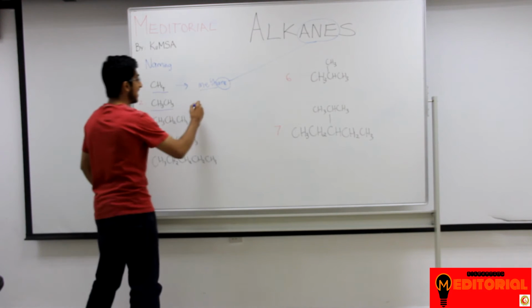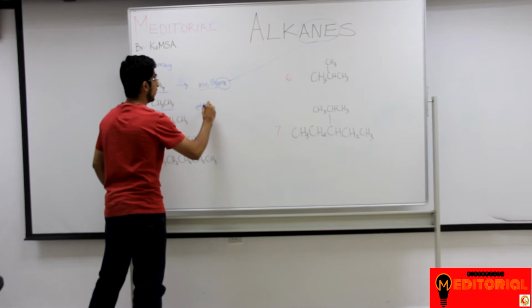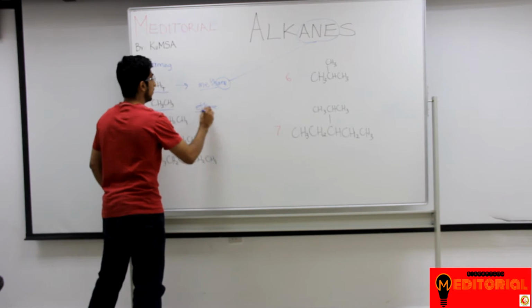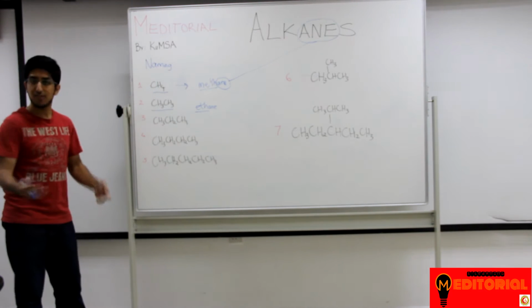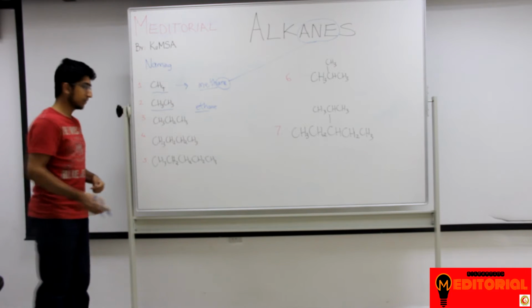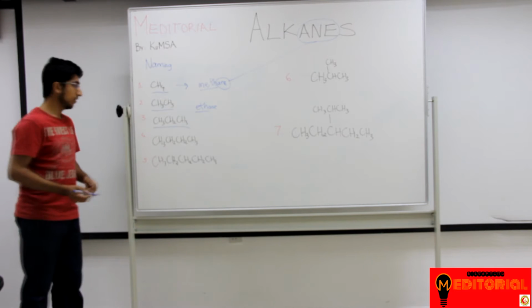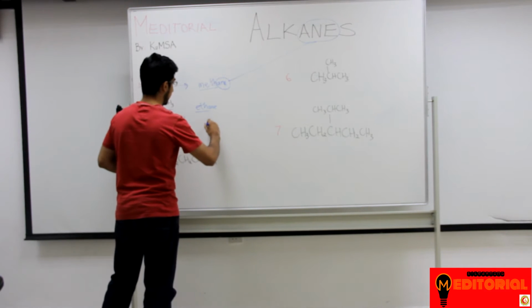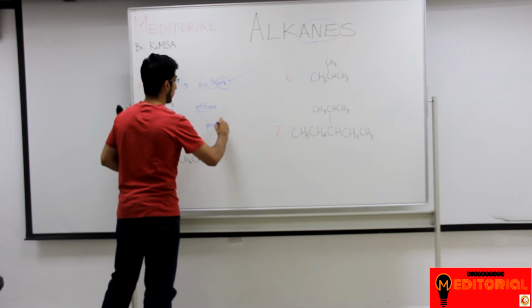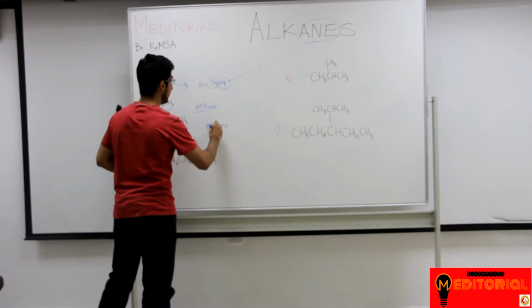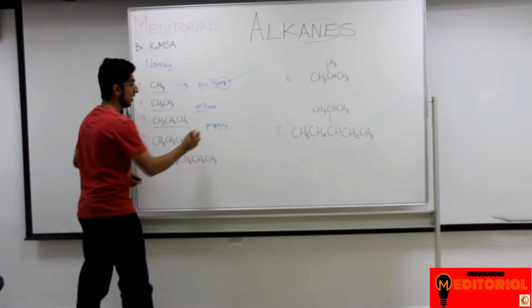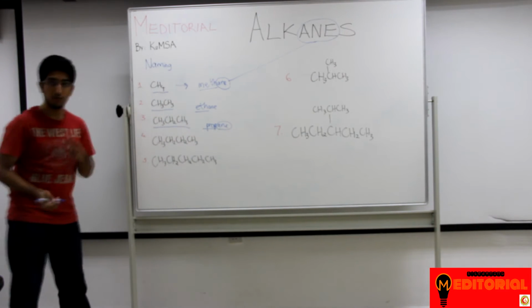This is called ethane. So eth means 2. What about 3? This is propane. Again, you can see we have ane at the end, and prop means 3.